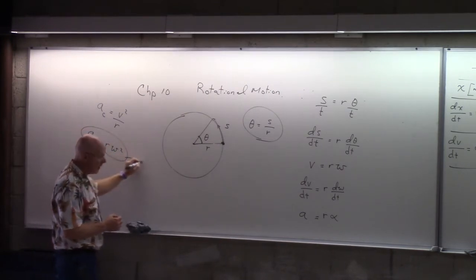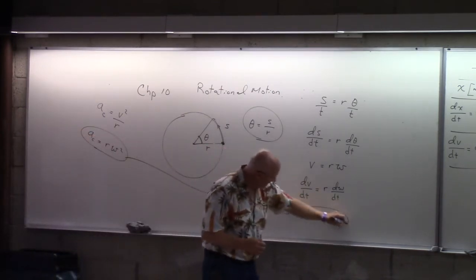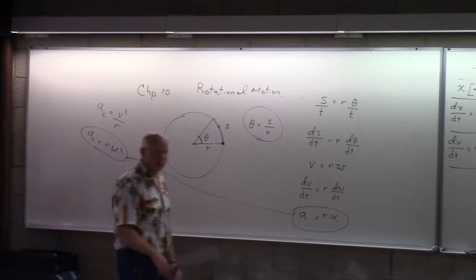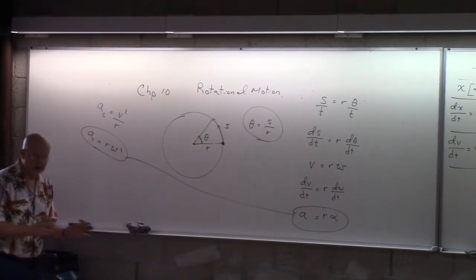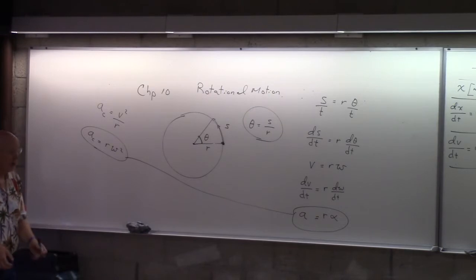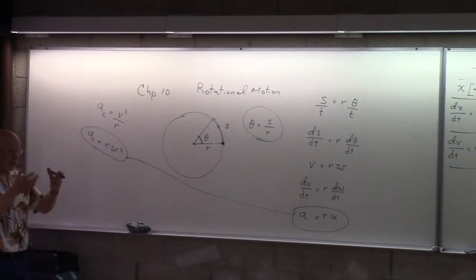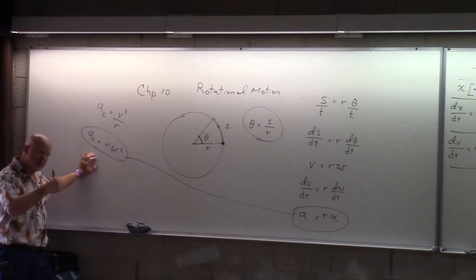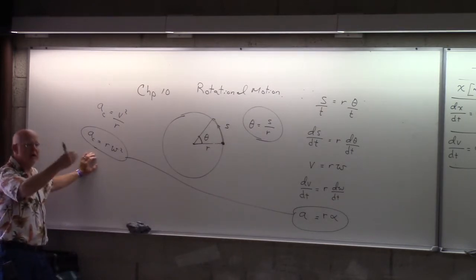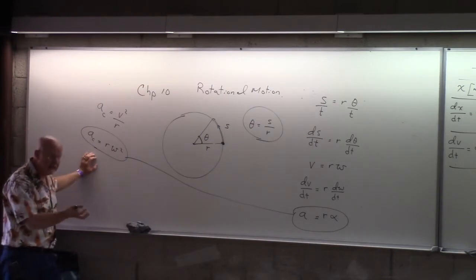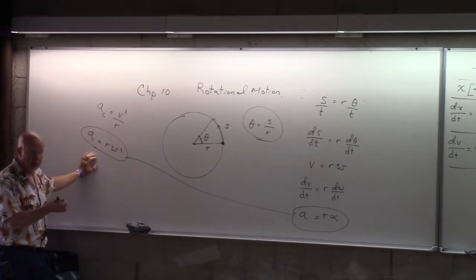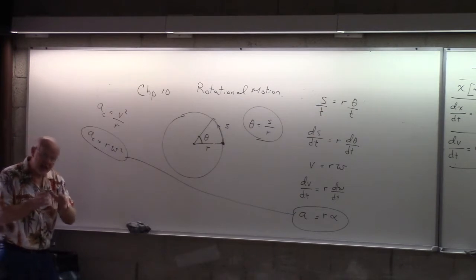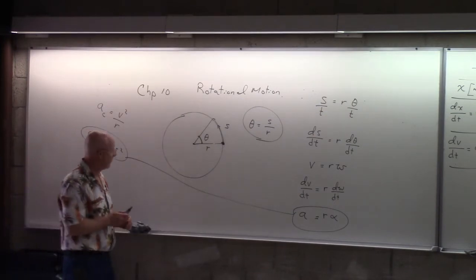The reason I want to point that out is because I have here on the board two different accelerations, if you will. Now, the total acceleration is a little bit of both, so let me just remind you. Remember what this was? This was the acceleration needed to go in a circle at a constant speed. This was the acceleration needed to change its direction.